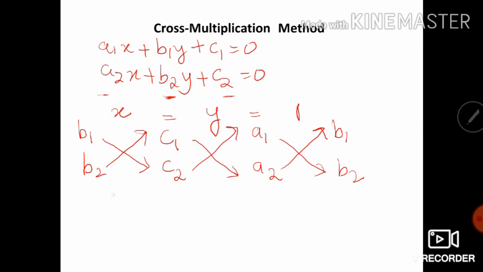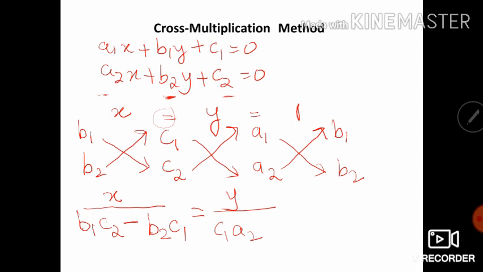After writing this arrangement, you will write down x divided by, look at the cross product below x. The first product is b1 c2 minus second product is b2 c1, equal to y upon c1 a2.